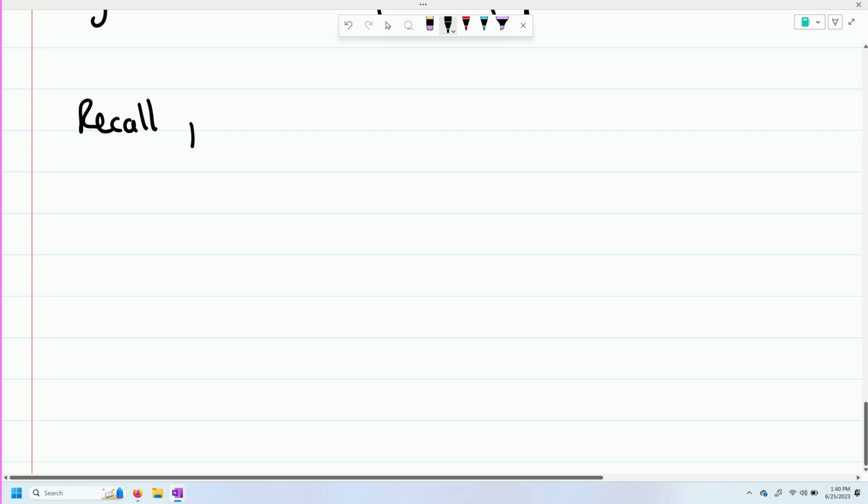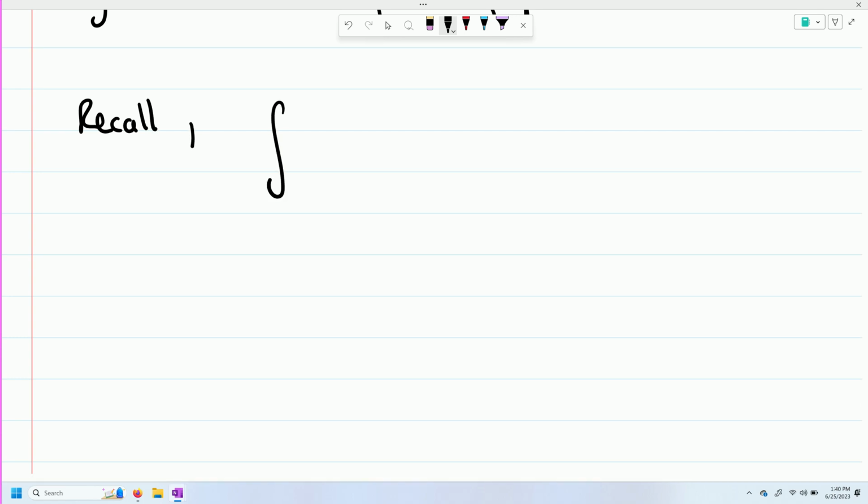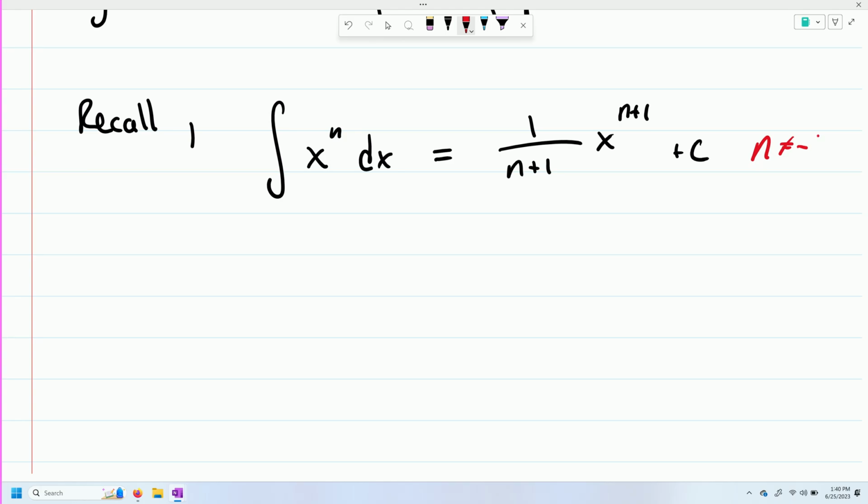if you recall the basic power rule, it was the integral of x to the n dx equals 1 over n plus 1 times x to the n plus 1 plus c. But there was always a little thing attached to this, which was n cannot equal -1.